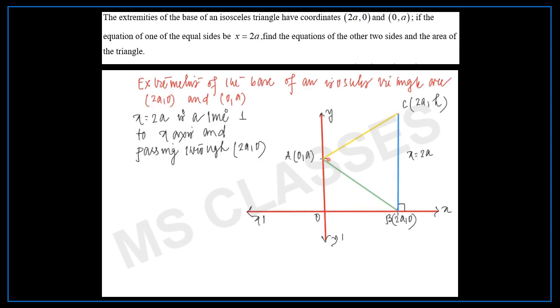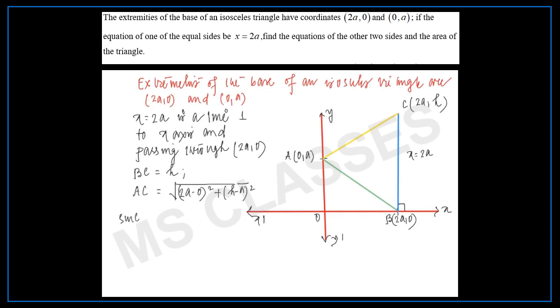Now, what is the length of BC? Length of BC equals h. Now, what is the length of AC? AC will be under root of (2a minus 0) whole square plus (h minus a) whole square.